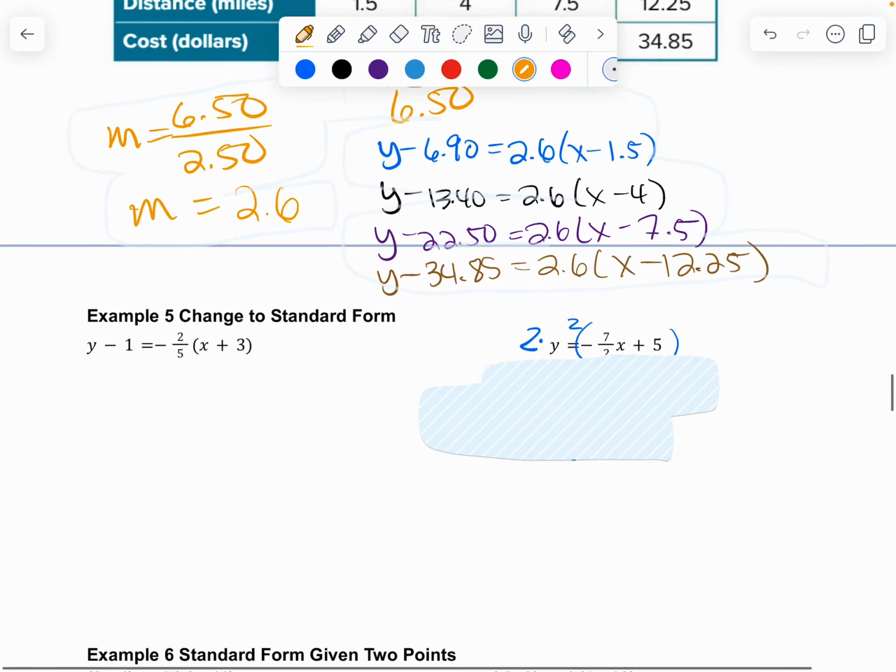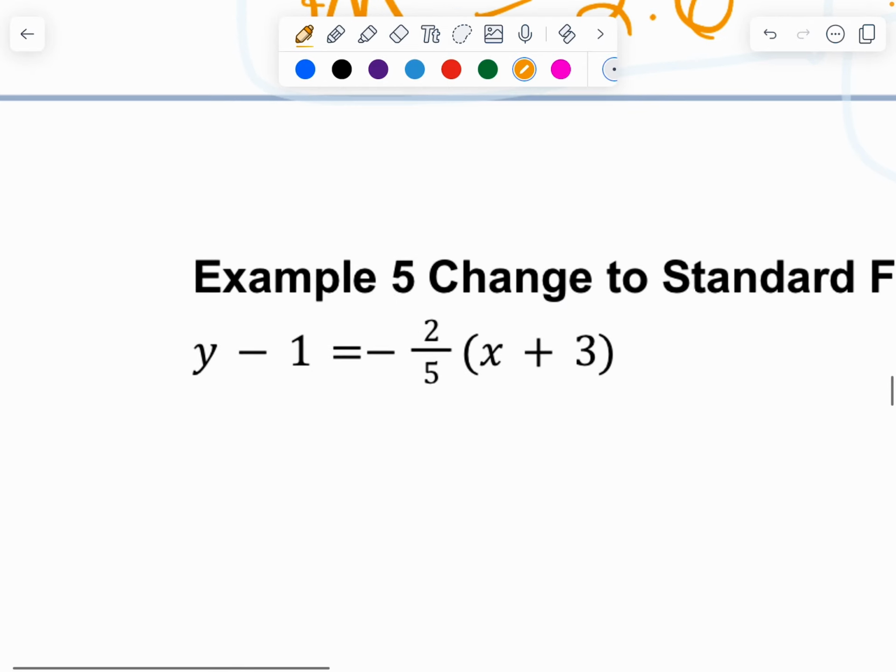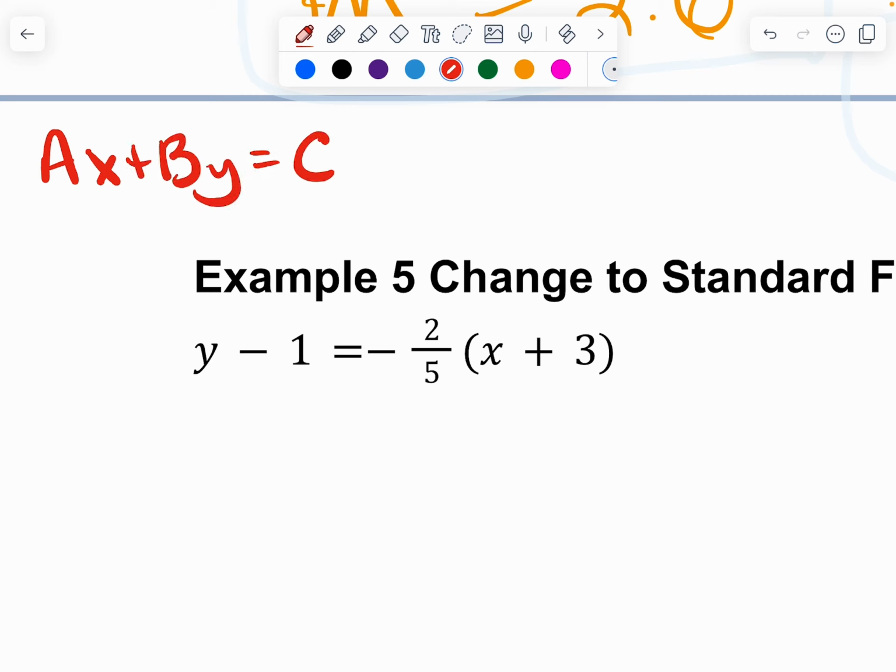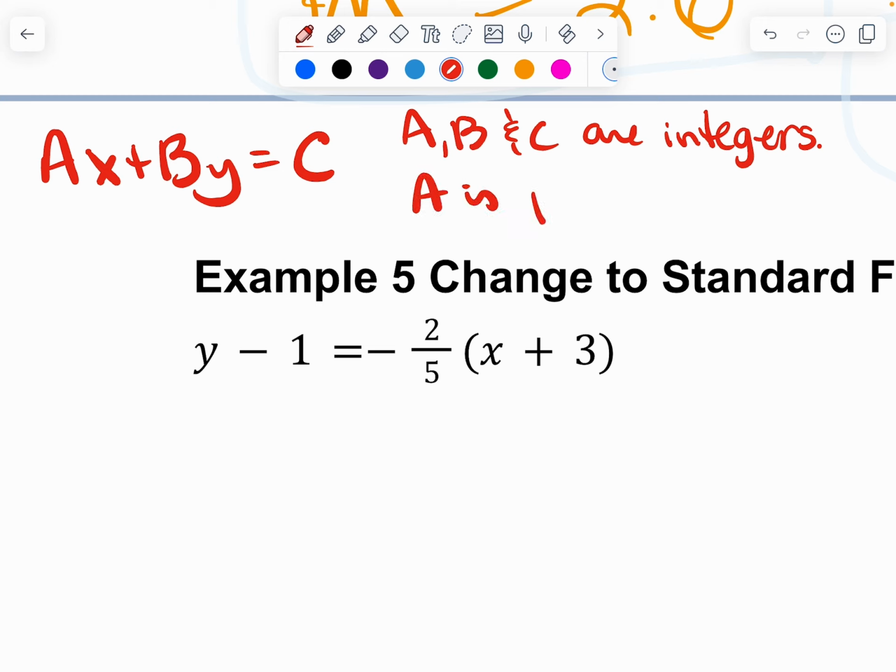Okay, so next, we're going to change this to standard form. First, we have to remember that this is standard form, Ax plus By equals C, where A, B, and C are integers. That means no fractions or decimals. And A is positive.